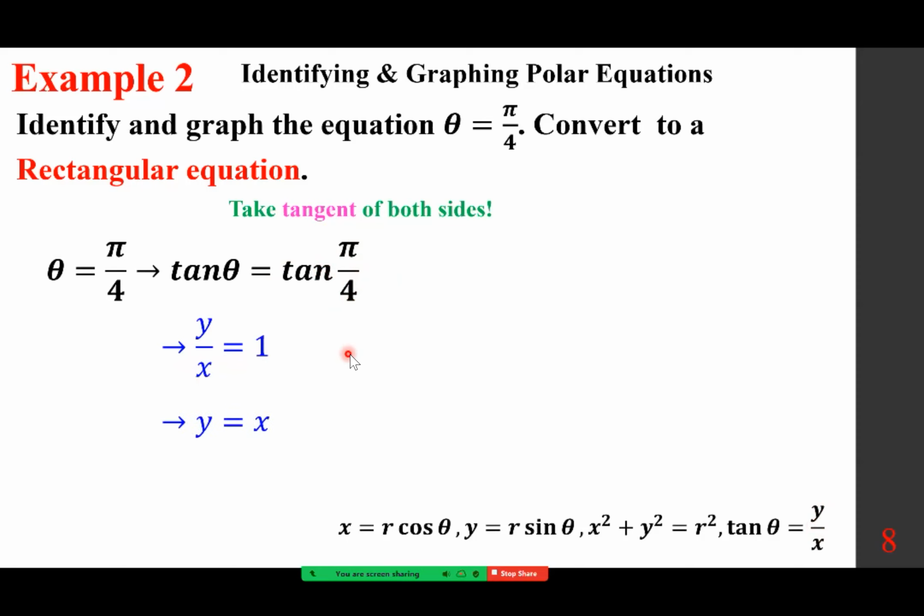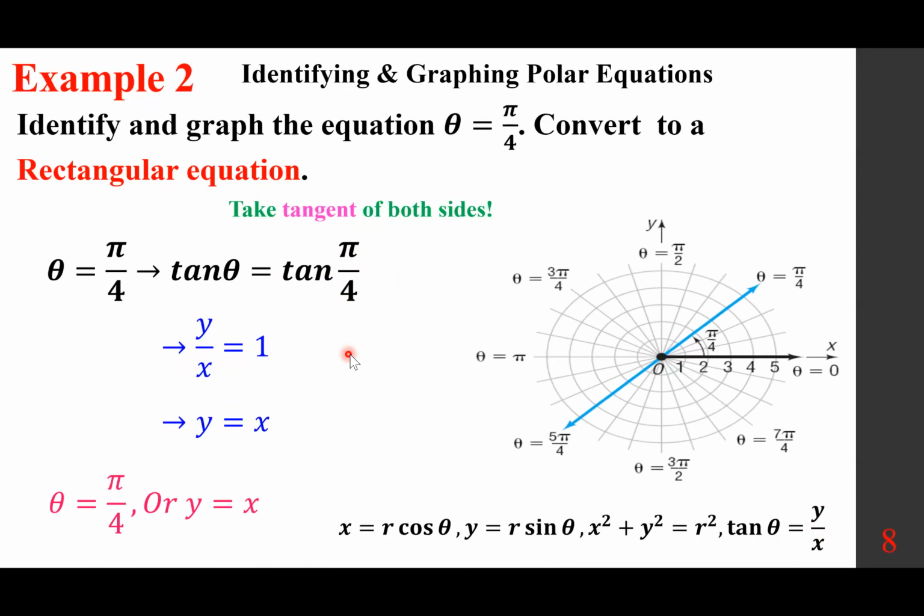As you know, y equals x is a line through the origin, with the slope m equals 1. So theta equals pi over 4, or y equals x. You can think of the rectangular grid, y equals x.